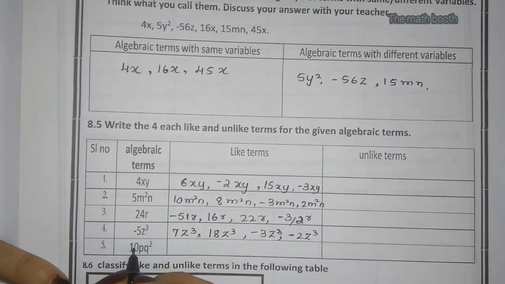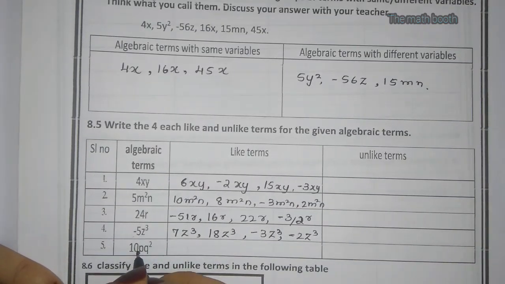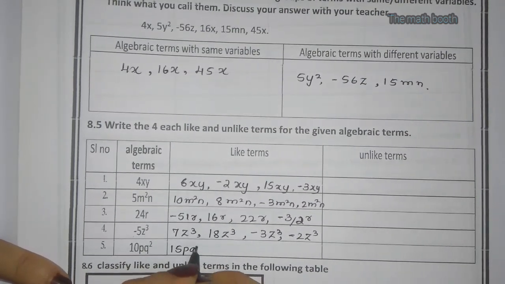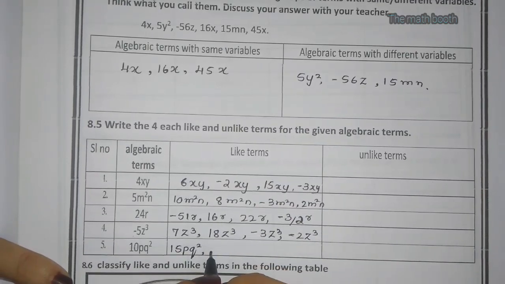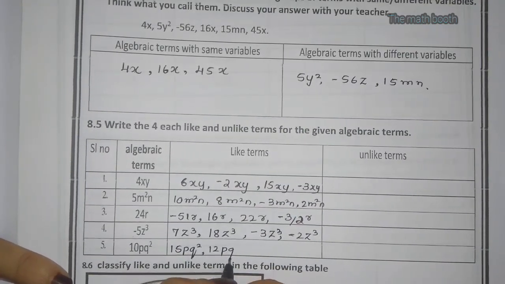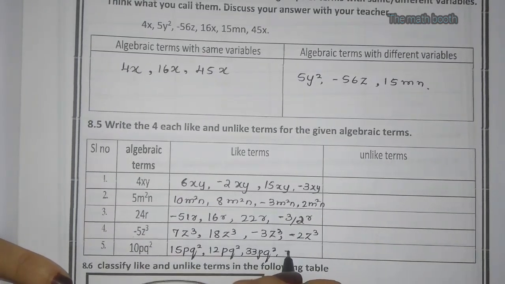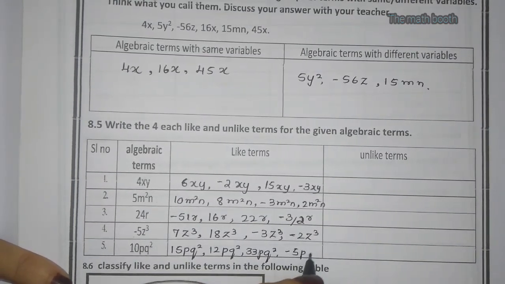So here now let us see 10pq square, 15pq square, 12pq square, how much we want, 33pq square, and minus 5pq square.